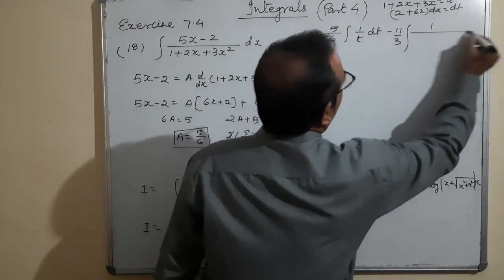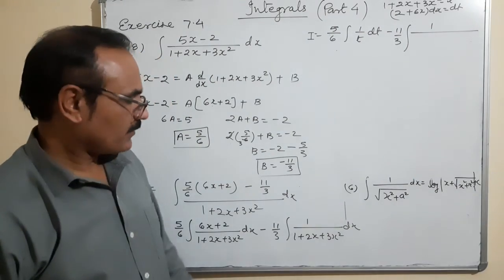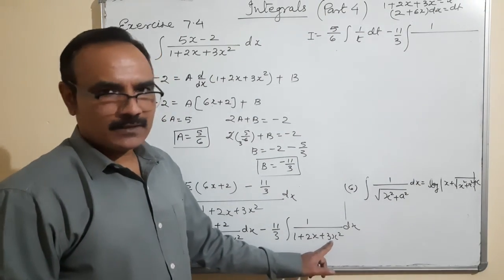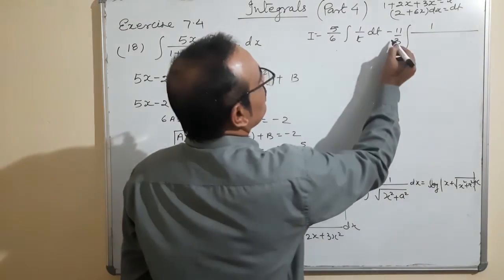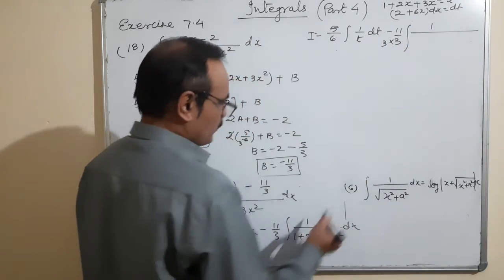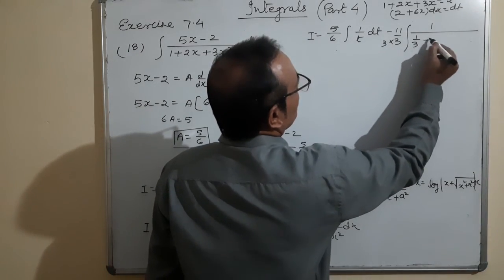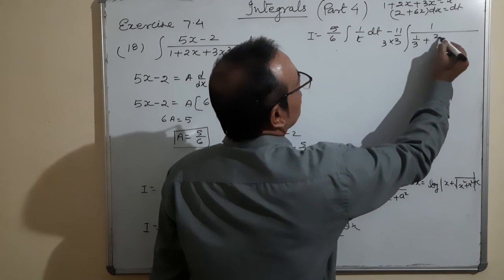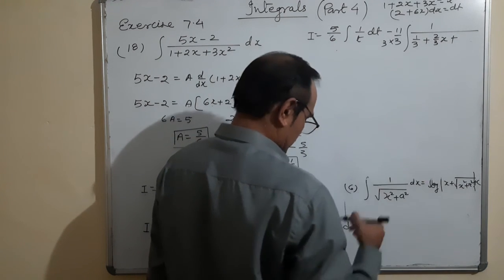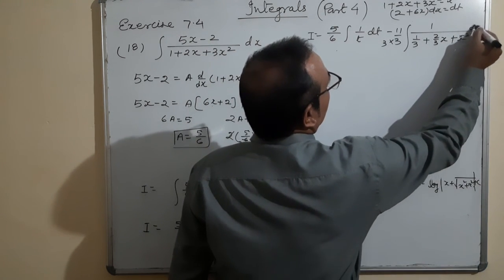And here I am completing the square. The coefficient of x square is 3, so first this 3 will be taken common. So it is coming 1 upon 3 plus 2 upon 3 into x plus x square dx.